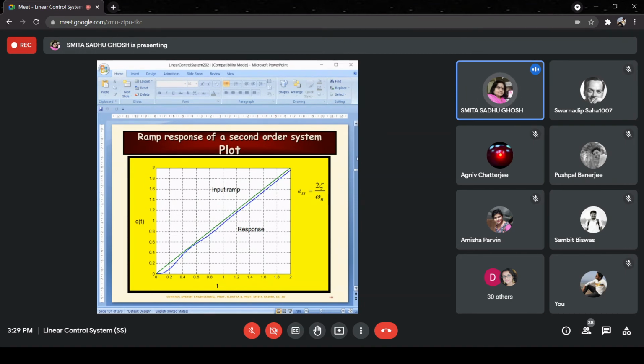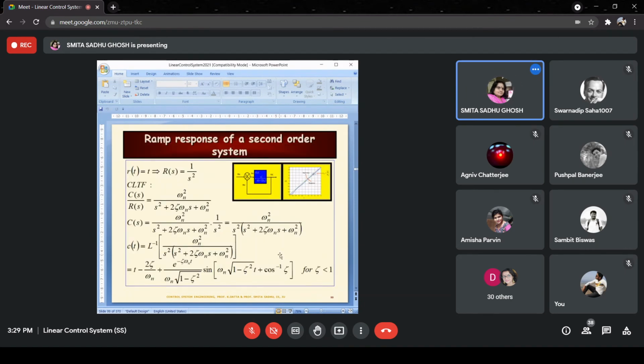Let me go back. One thing I missed saying. So this is a sinusoidal quantity with an exponential envelope, and for that matter, an envelope which is exponentially decaying, right? Now, as t tends to infinity, what happens to the envelope?